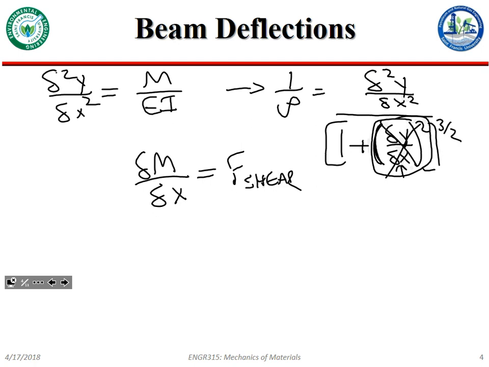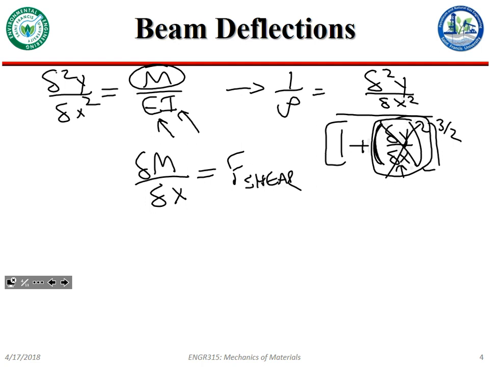So going back over to here, that means I can start integrating with respect to x, because I know that the elastic modulus is going to stay the same. The second moment of inertia should stay the same for a beam of uniform cross section, which is kind of what we're assuming. The only thing that's going to change is bending moment, and I know that is related to shear force.